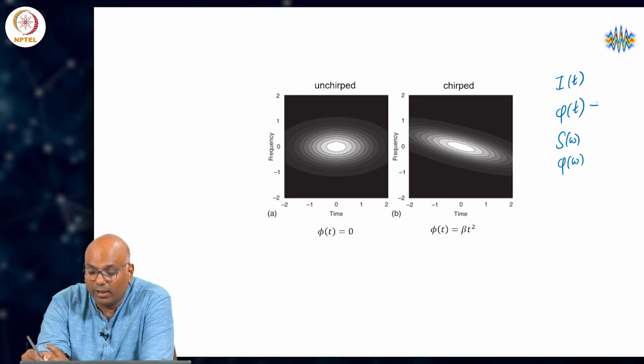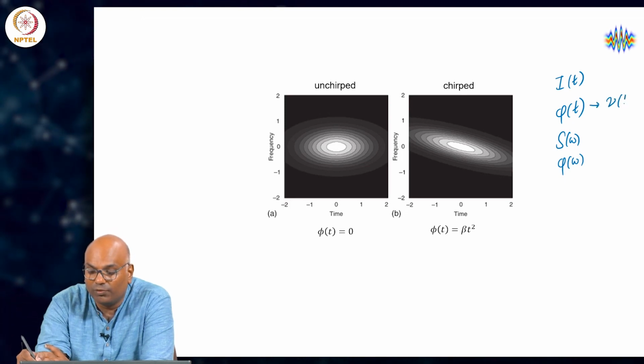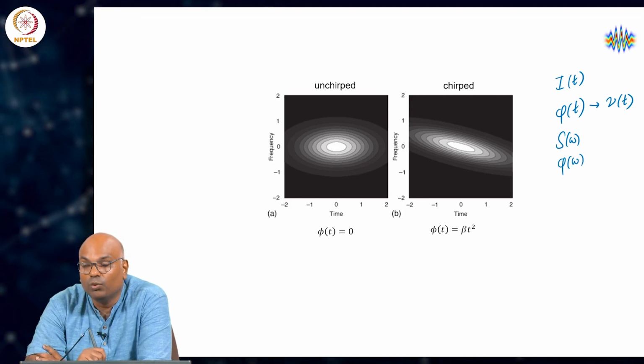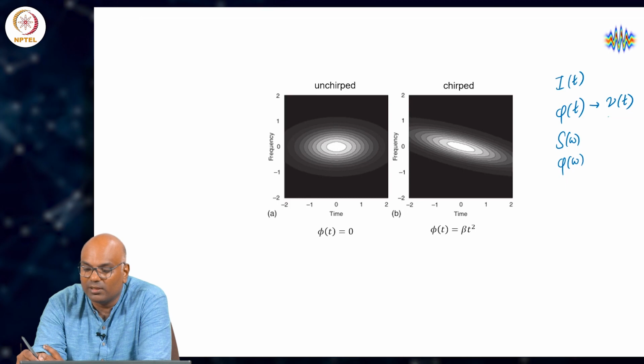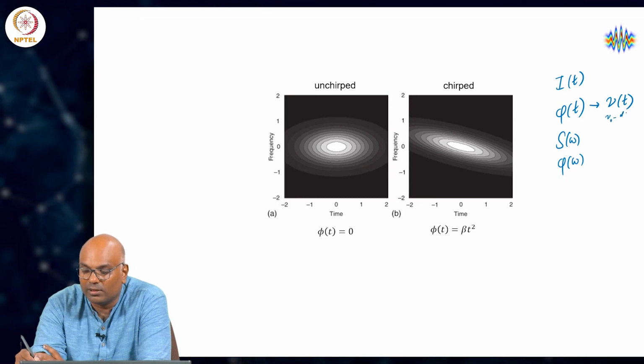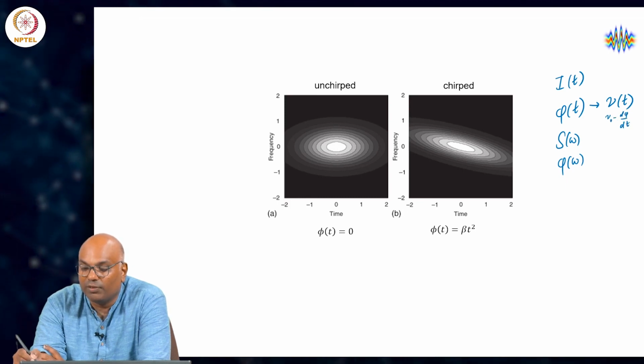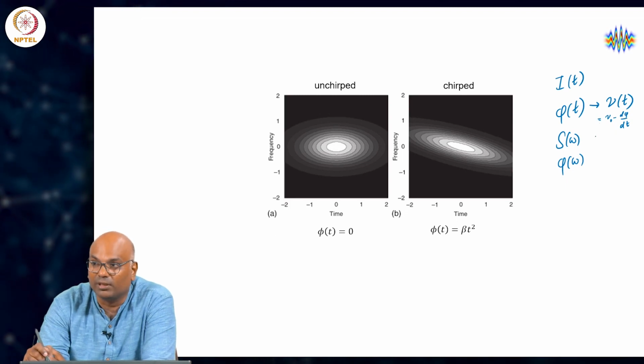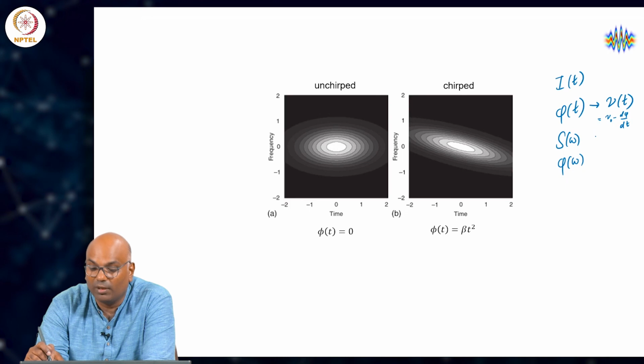So, accompanying this we have the notion of the instantaneous frequency nu of t. We may have written this earlier as nu naught minus d phi by dt and so on, but that is just a convenient way of representing this whole thing, right.